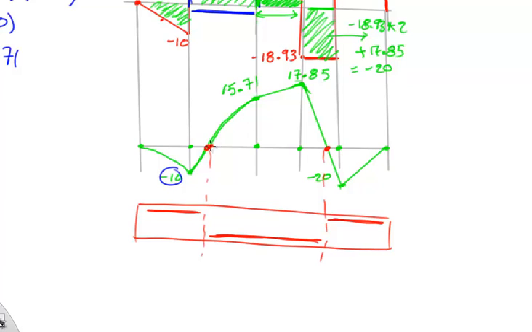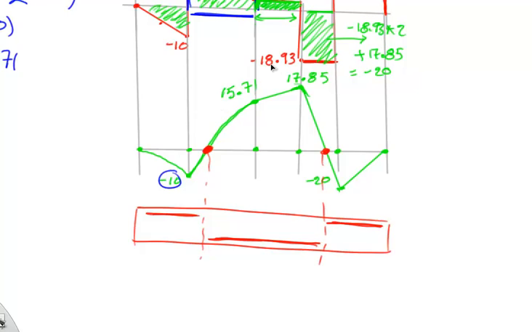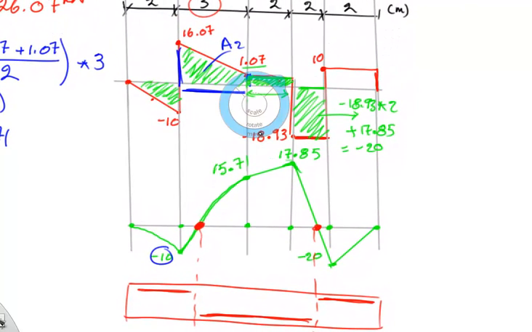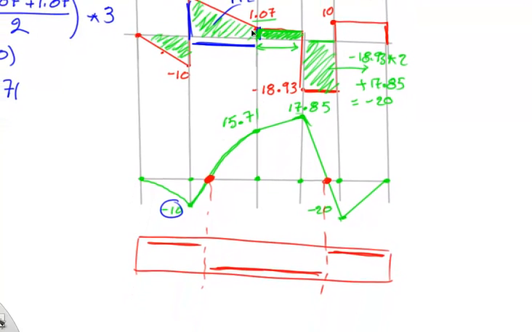So we have a mission of finding 2 points. And how do we find them? Again, simply by studying the shear diagram. So let me draw the shear diagram again so we will understand what's going on. Well, let me push this up. Okay.